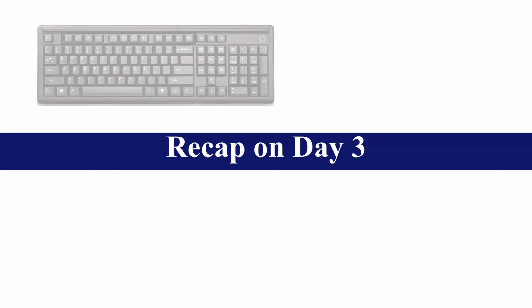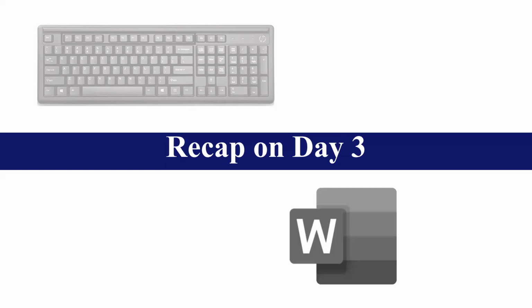Then we also talked about Microsoft Word. We took a little tour in Microsoft Word and saw the versions we have. I told you we have different versions of Microsoft Word, ranging from 2003, 2007, 2010.